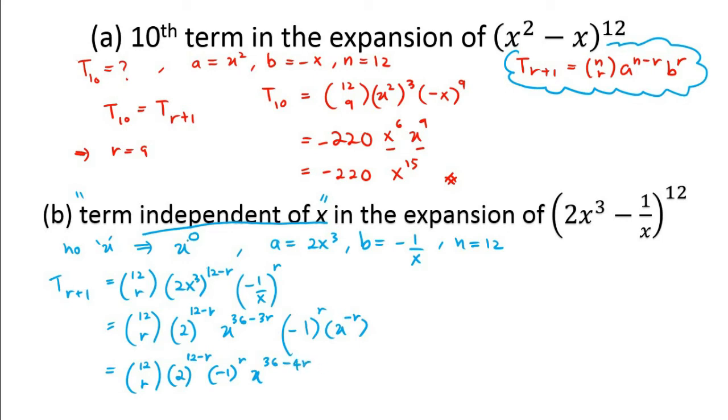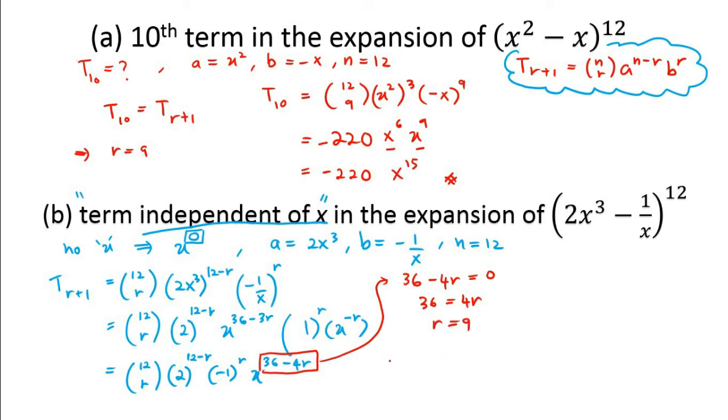Since we already agreed that our independent term here should be x to the power of 0, by right, this 36 minus 4r should have power of 0, isn't it? So 36 minus 4r equals 0. So 36 is equal to 4r, so eventually our r is 9.